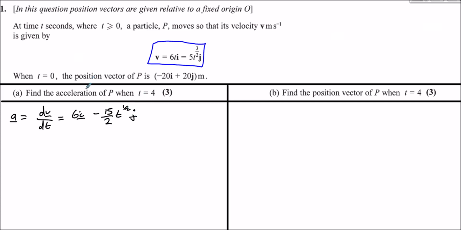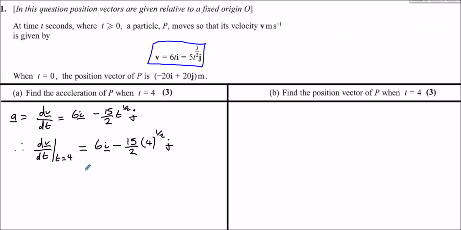We want to find the acceleration when t is 4, so dv by dt when t equals 4, which is just notation saying the acceleration when the time is 4. We just sub in t being 4. So 6i is independent of t, so that just stays as 6i. Then we have minus 15 over 2 times 4 to the power 1/2 j.